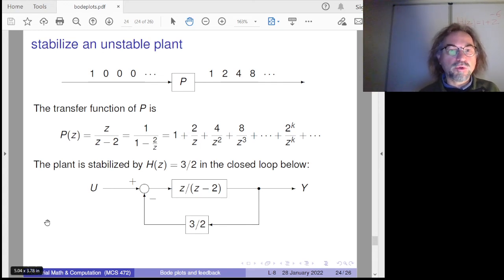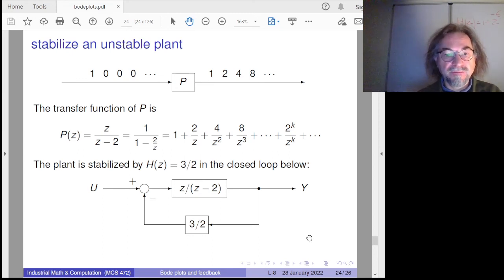So again, the motivation why we now write the picture of the closed loop system is replacing the P by its transfer function. We see the unstable process that doubles the numbers in each step, so it grows exponentially at ratio 2.